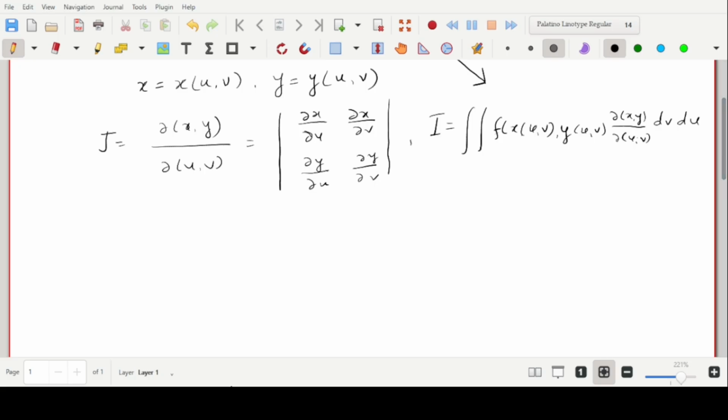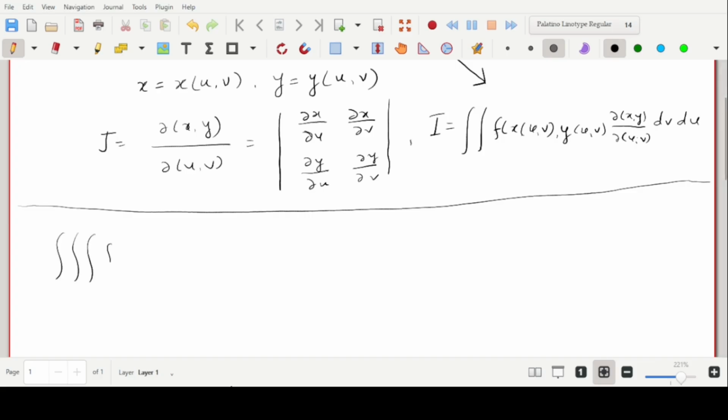Now in case of functions of three variables, we have something similar. To begin with we have a function f in three variables x, y and z, and we shall convert it into a function of three new variables u, v and w.